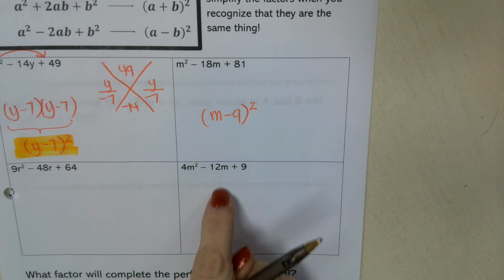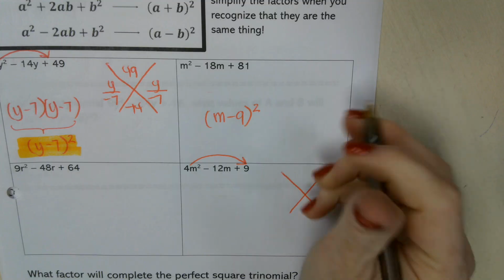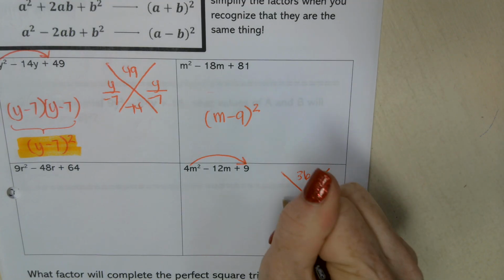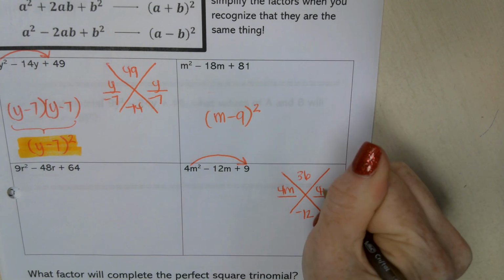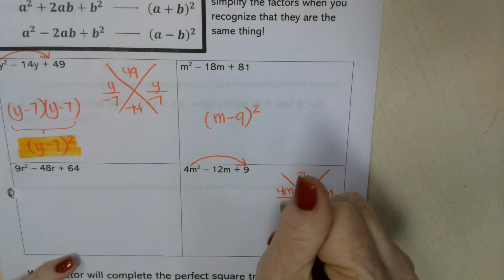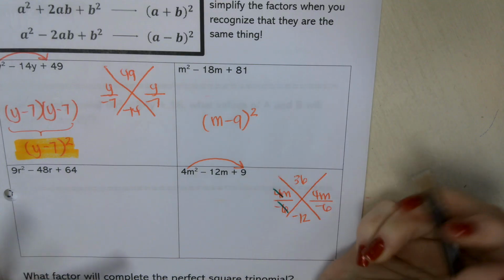All right, I want to look at this one right here. 4 times 9 is 36. And you want the sums to add up to give you negative 12. That should be negative 6 and negative 6. Well, what do you know about 4 and negative 6?